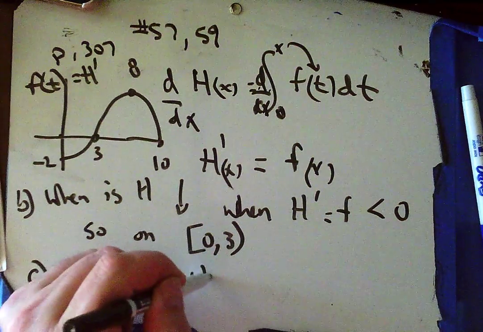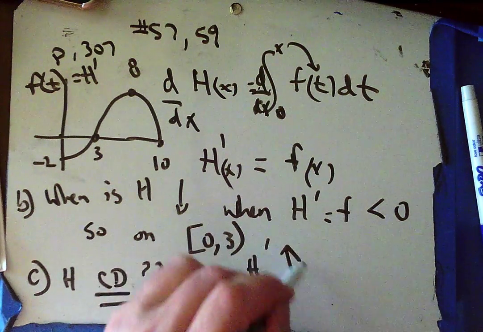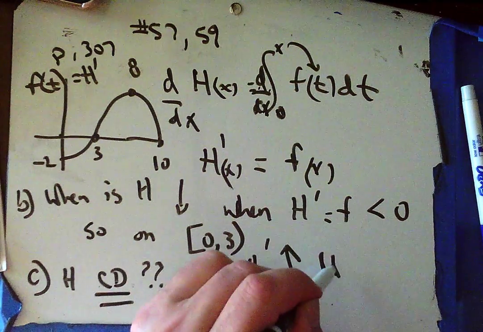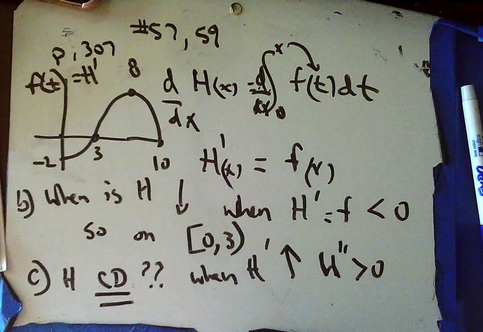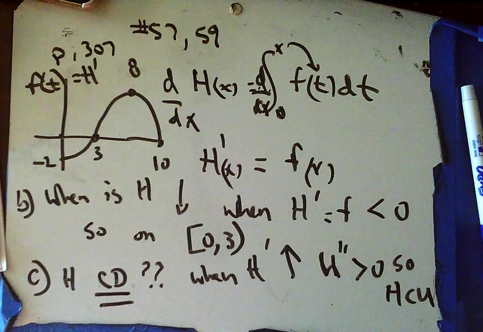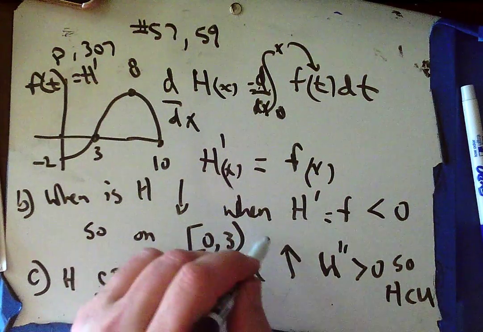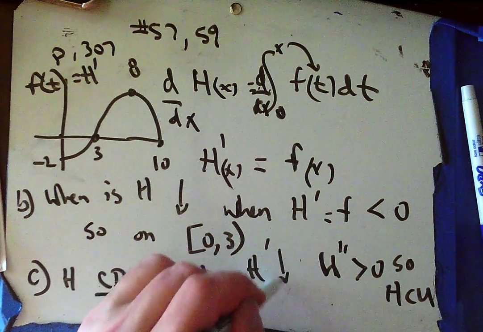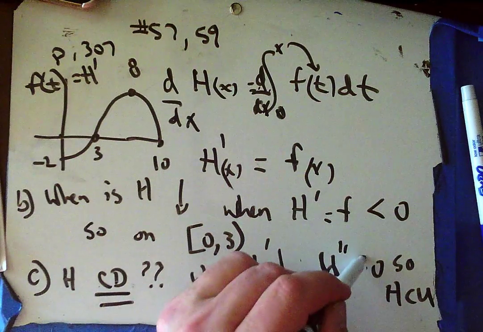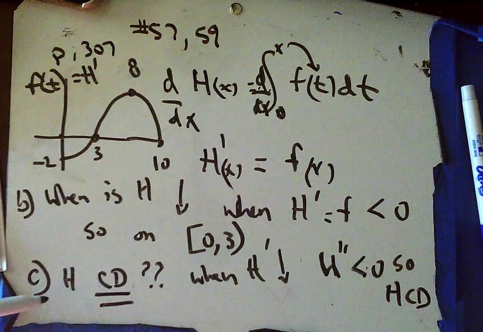Well, when h prime is increasing, h double prime would be greater than 0, so h would be concave up. But we want concave down, so we want h prime decreasing so that h double prime is less than 0, so we get concave down.